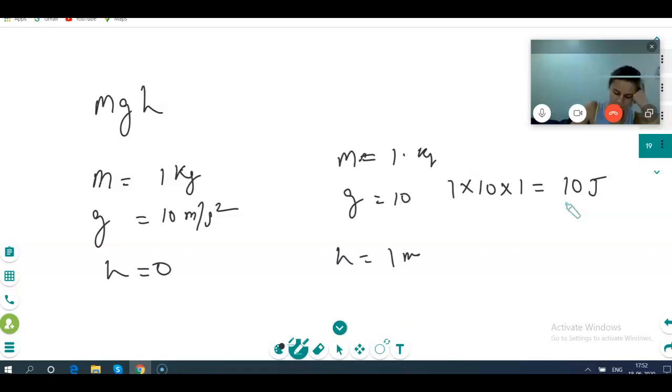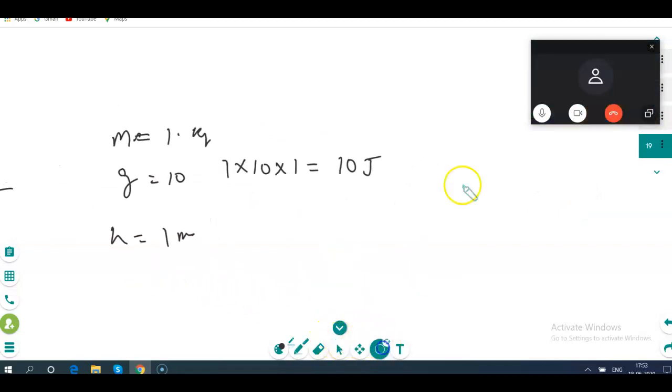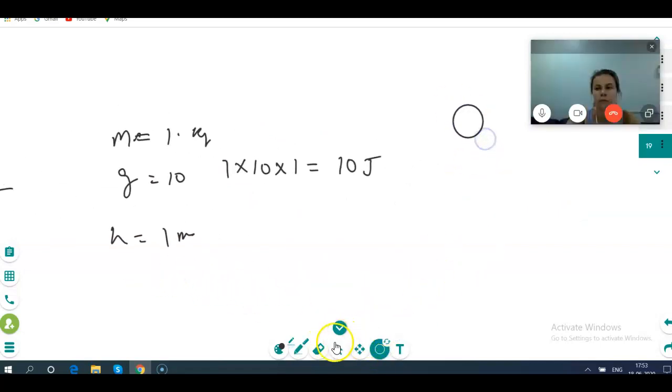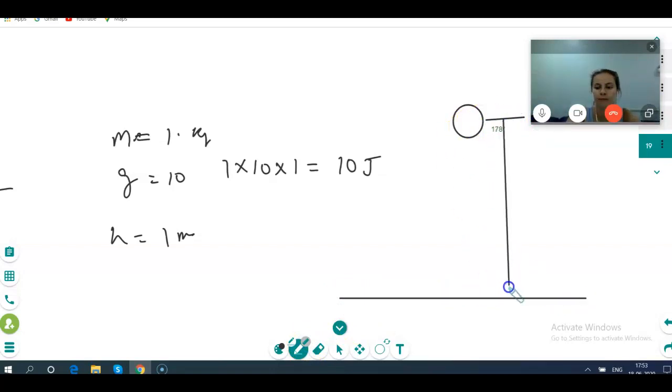Suppose this cup I leave from here at this height. What happened? Please tell me.